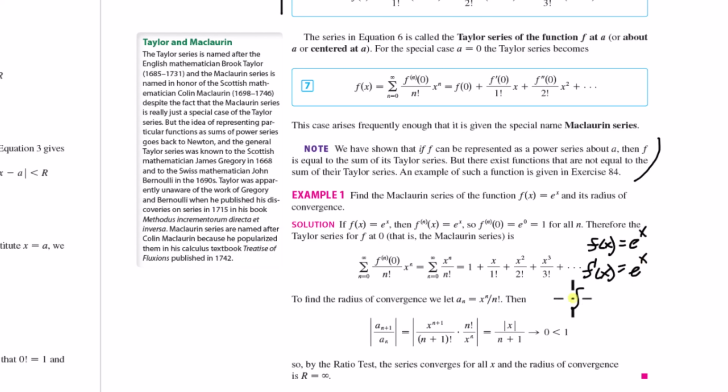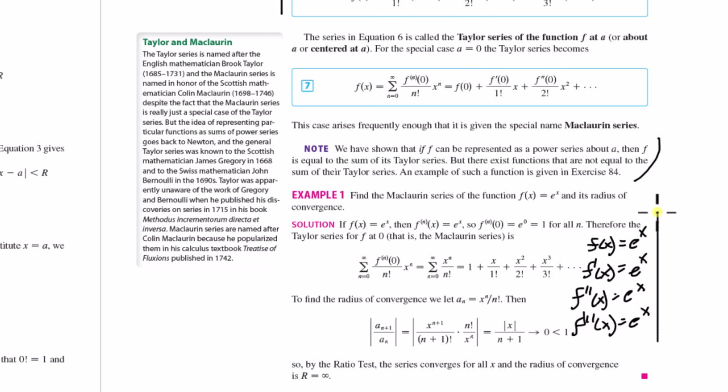So f prime of x is e to the x. F double prime of x is e to the x. F triple prime of x is e to the x. And write out enough of those until you can see a pattern. Or you can identify maybe that there is no pattern. You write out a few of those. That's the first thing you do.